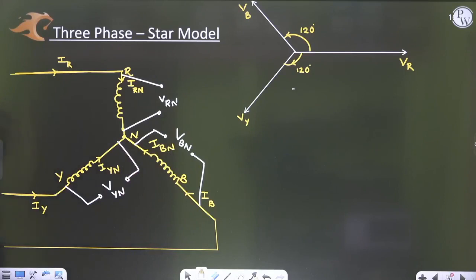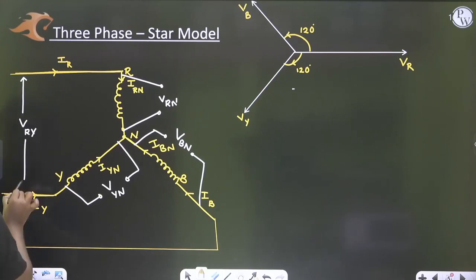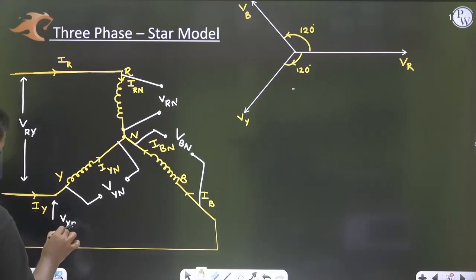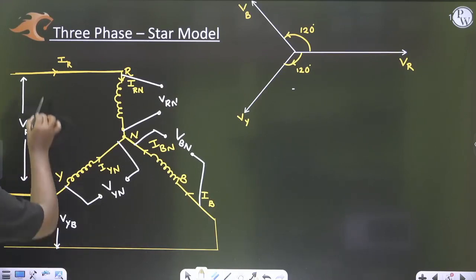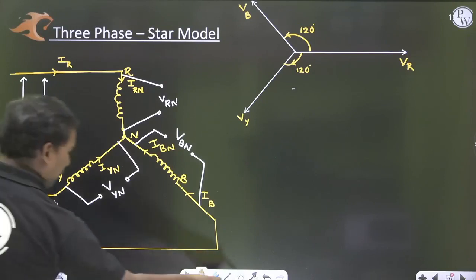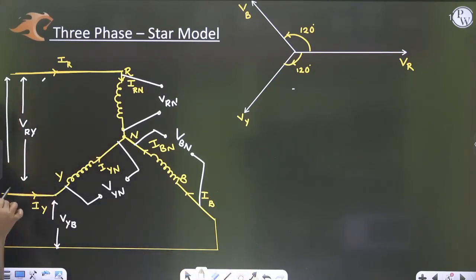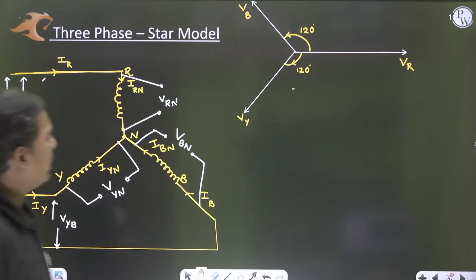VRN, VYN, VBN, and this one now I can take as line voltage VRY, and this is VYB. With reference to this, I'm taking this one as VBR. So now you have the clarity.